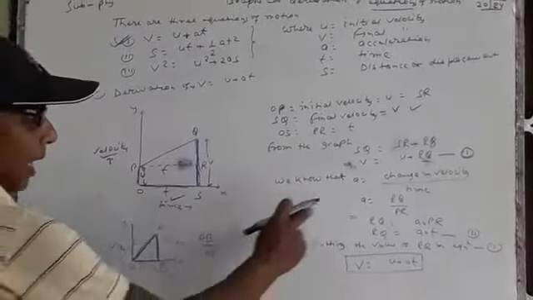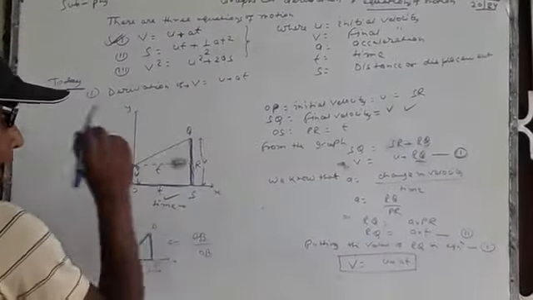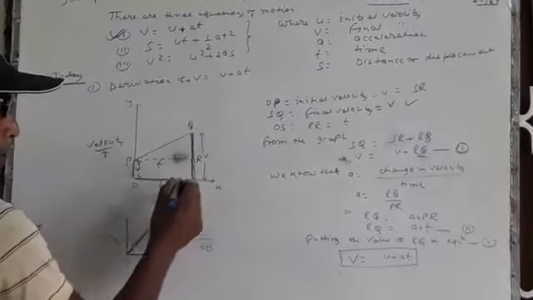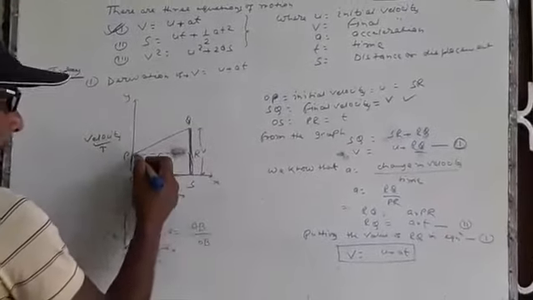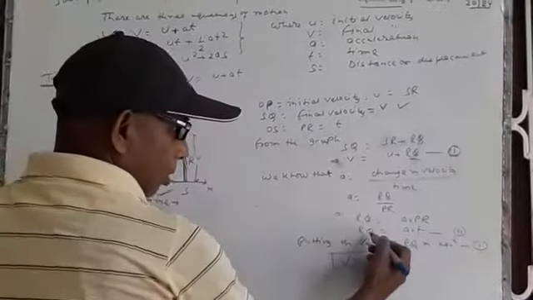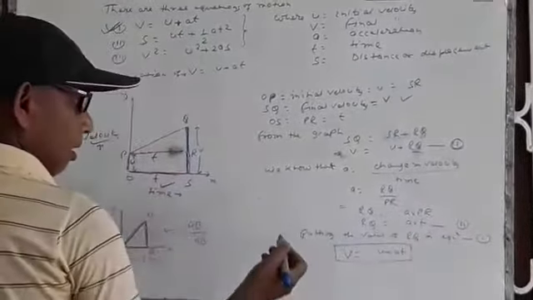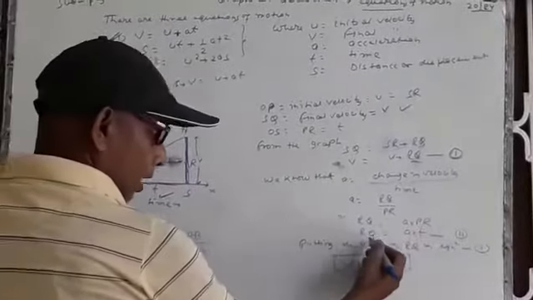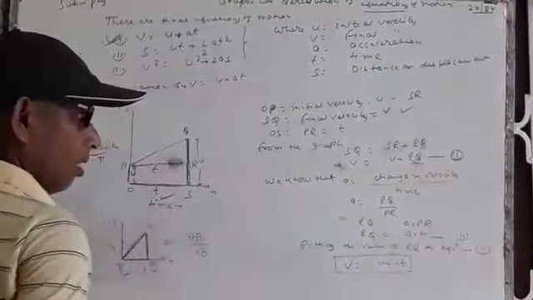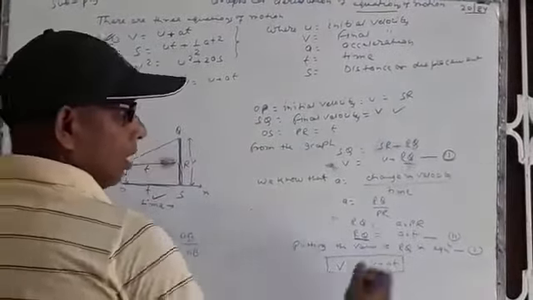In this way, I have written with the help of this triangle PQR, triangle PQR, a equal to QR or RQ by PR, likewise this. So RQ equal to a into PR, and you know that PR equal to t, so RQ equal to a into t, equation 2.